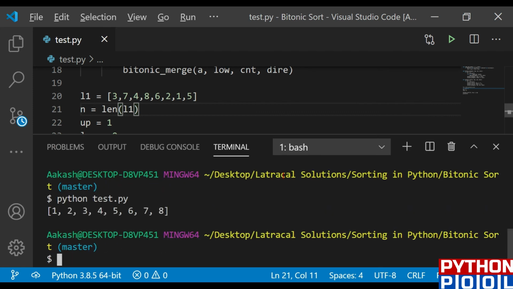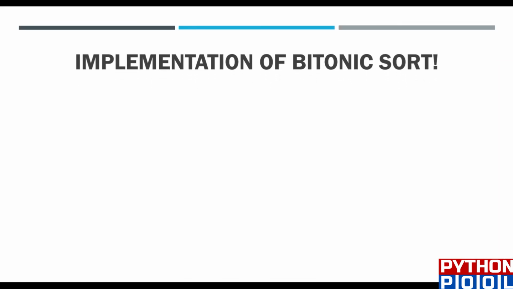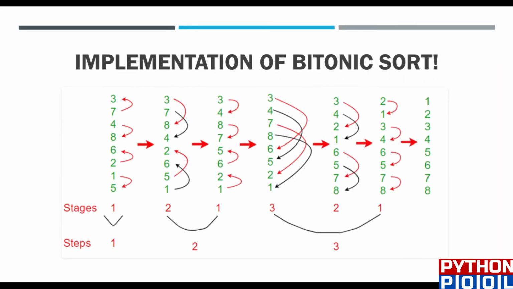Now let's see the implementation of the program. Implementation of bitonic sort. This was our list initially. In the first stage, we broke the list and called the bitonic merge function, which called the compare and swap function. In the forward list, it swapped the greater values, and in the reverse list, it swapped the smaller values.